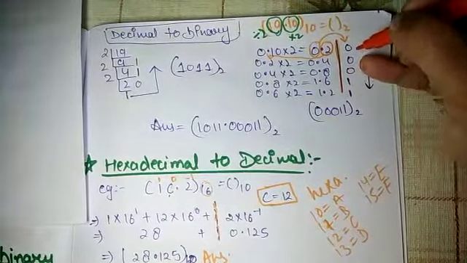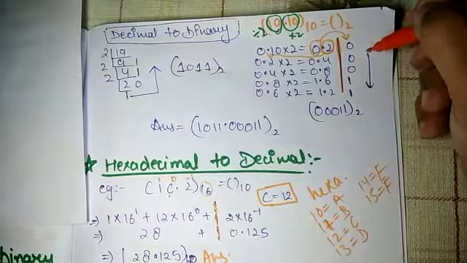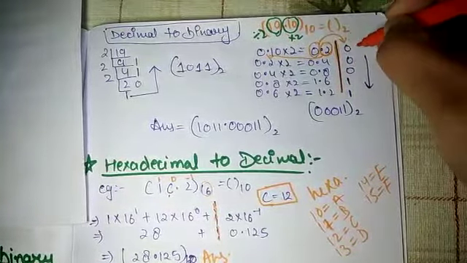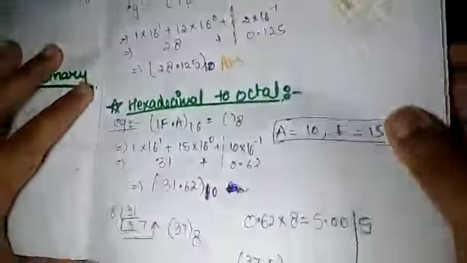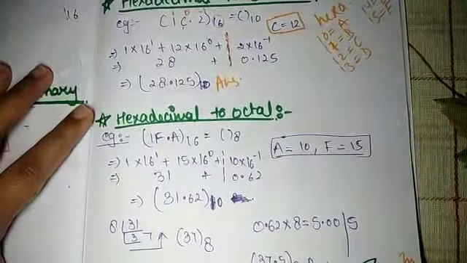For your convenience, I have solved this problem. Now considering the answer, we have to go from top to bottom. So 0 0 0 1 1 will be the answer. The full answer, adding the part before the decimal and after, is 10011.00011.